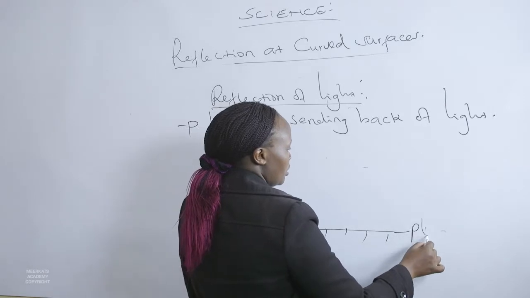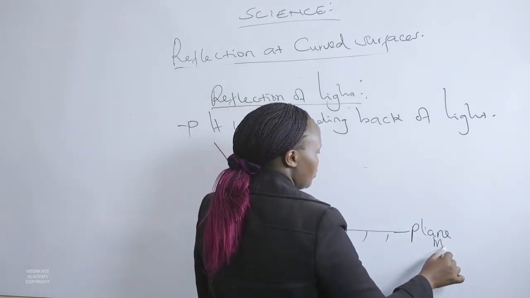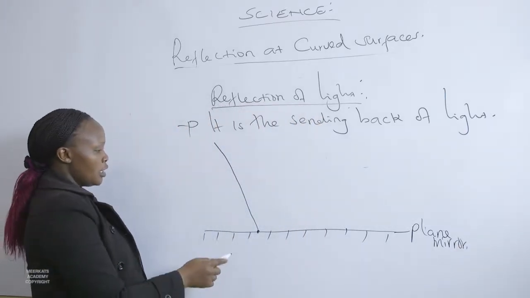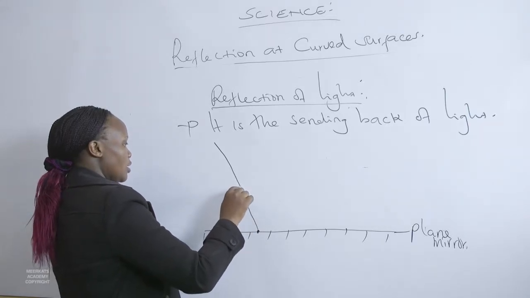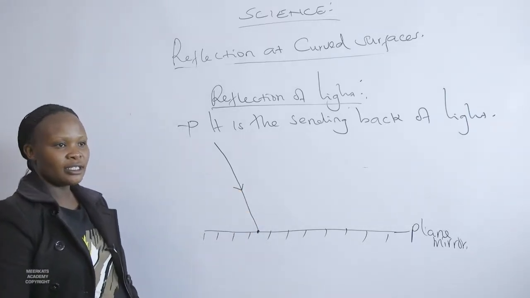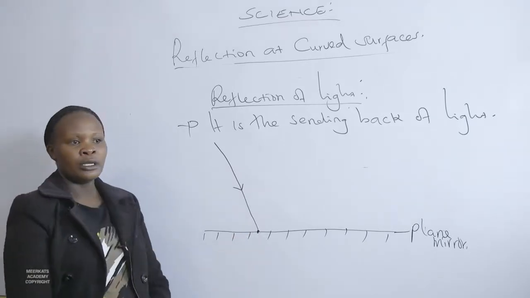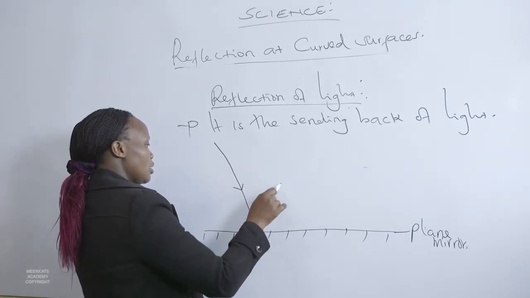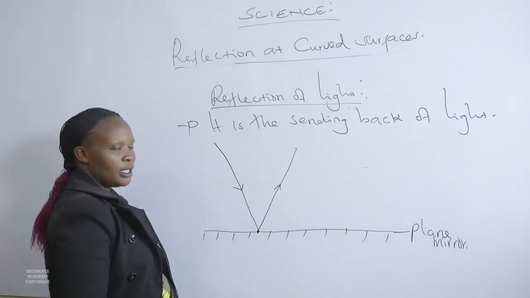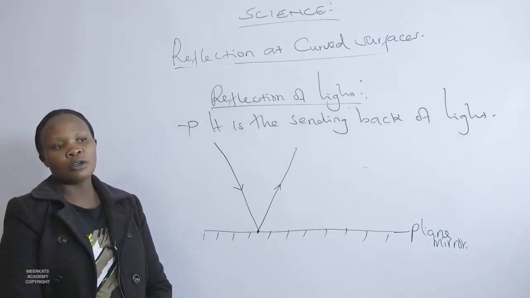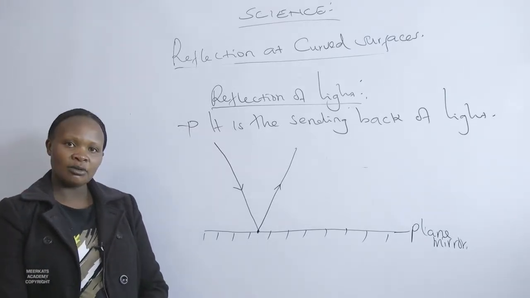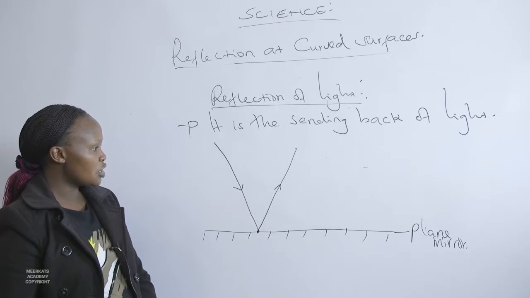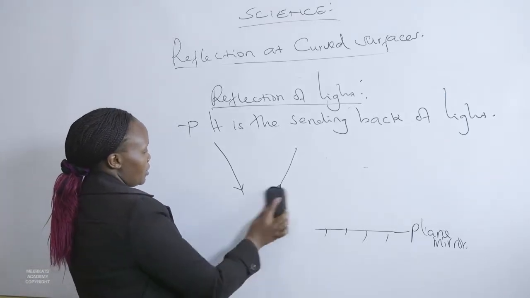Let us assume this is a plane mirror. Then we have this ray of light incident at a point on a plane mirror. Now, this ray is going to be reflected in some way that we are going to look at, and is equally going to observe some laws of reflection, which I will require us to remind ourselves.